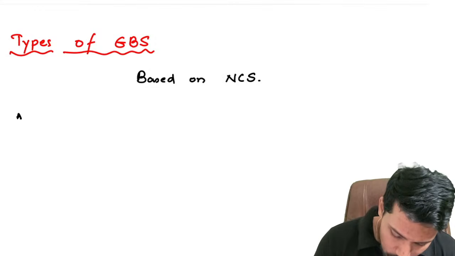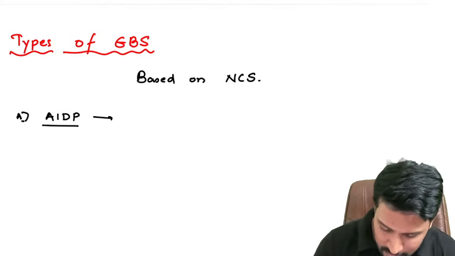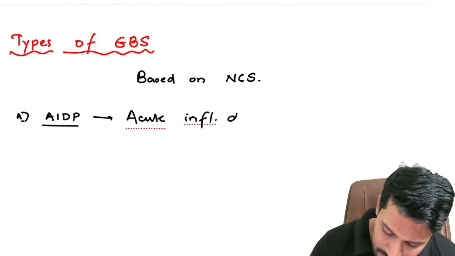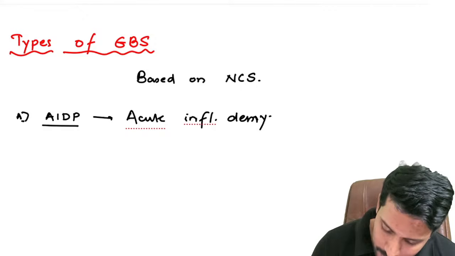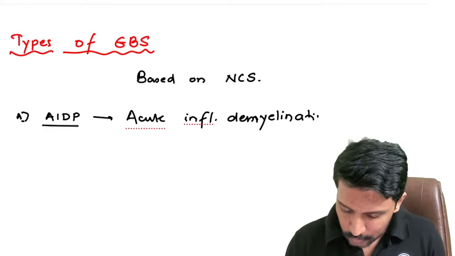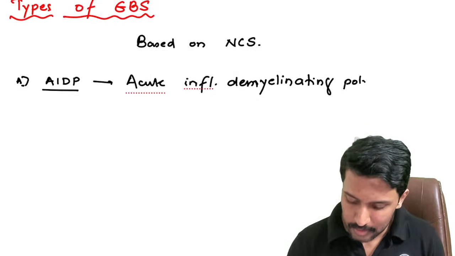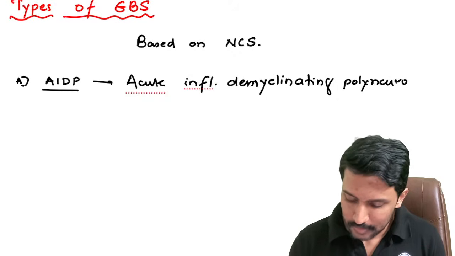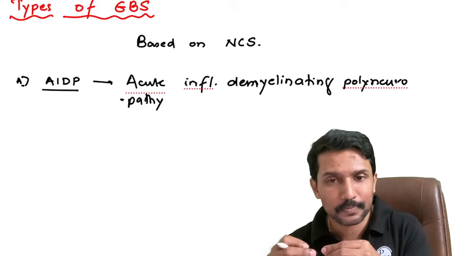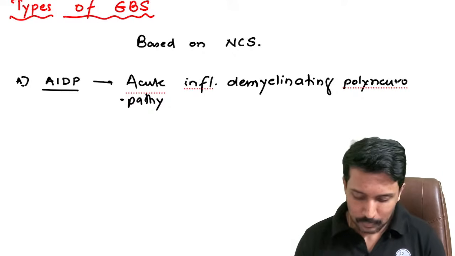The first type is called AIDP. AIDP stands for acute inflammatory demyelinating polyneuropathy. As I've already told you, the damage can happen to either myelin or the axon. It is myelin damage in this case. I won't accept this as a definition of GB syndrome because it's only one type where acute demyelination has happened.